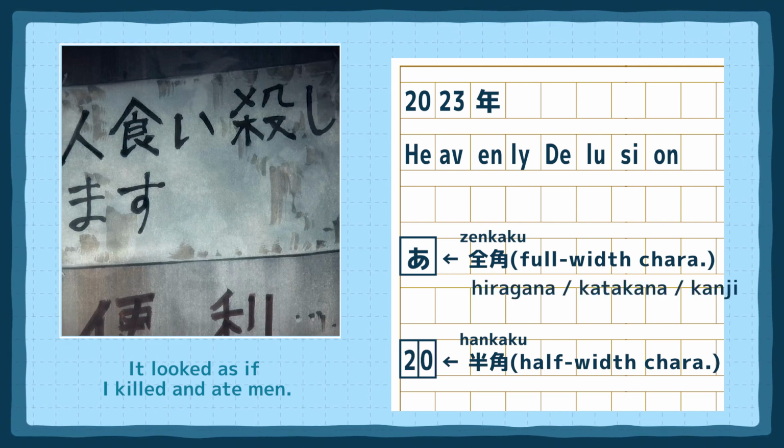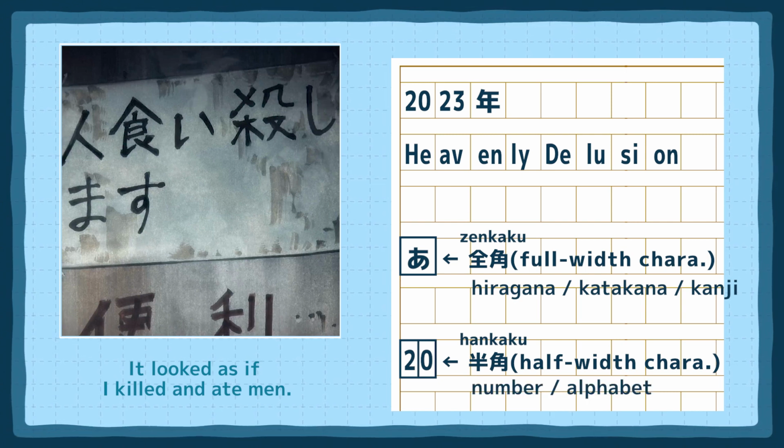Basically for hiragana, katakana, kanji, use 全角. For numbers and alphabet, use 半角. Although as a choice we still have 全角 and some people use this, but this is not good in terms of programming or data collection.